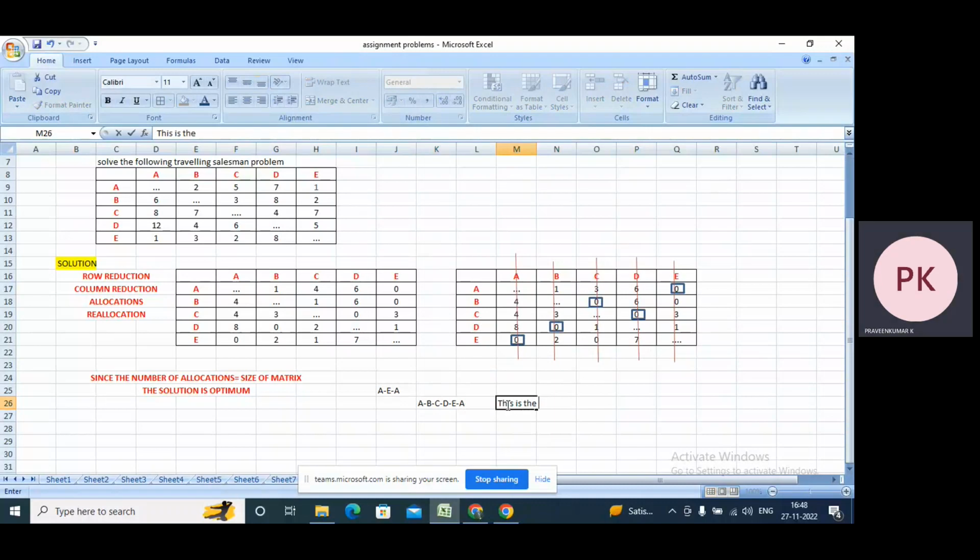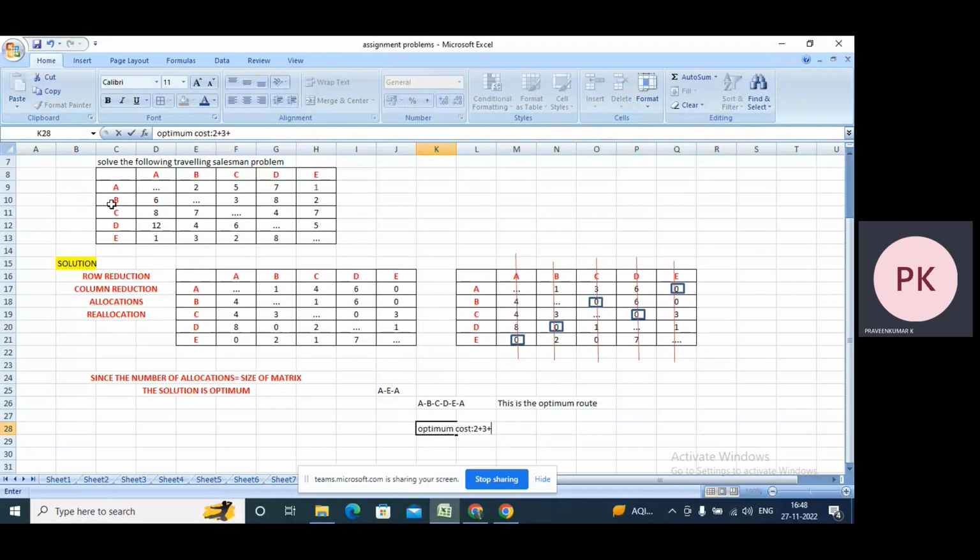This is the optimum route for the given traveling salesman problem, and we can calculate the cost. Therefore, the optimum cost: just look at the original cost matrix. A to B is rupees 2. B to C is rupees 3.